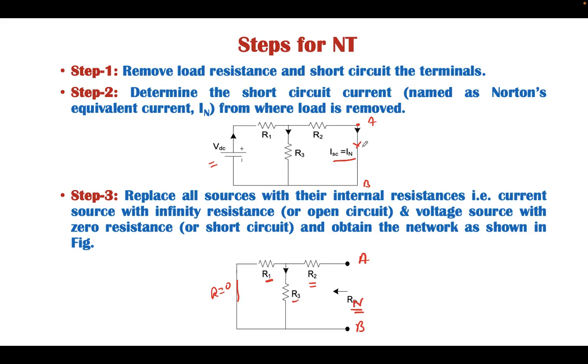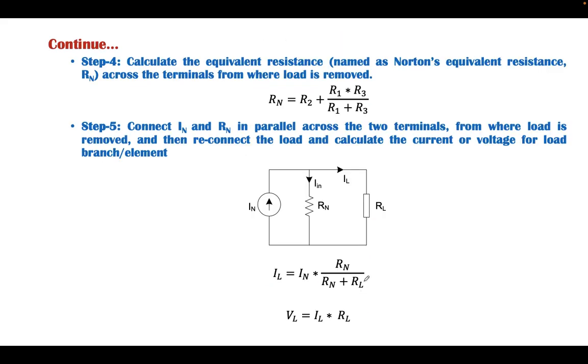Here we calculated the current flowing through terminals A and B, whereas here we calculated the equivalent resistance across terminals A and B. Now this network is replaced with the equivalent circuit corresponding to the current source, where the value of the source is IN and the value of the internal resistance is RN. Now the total current is divided into two parts here.